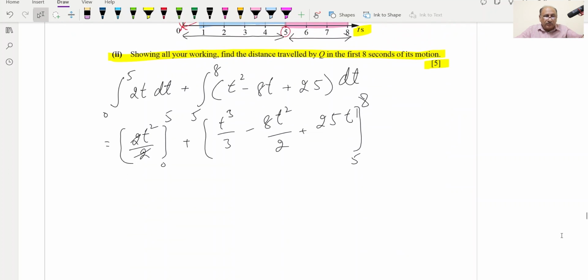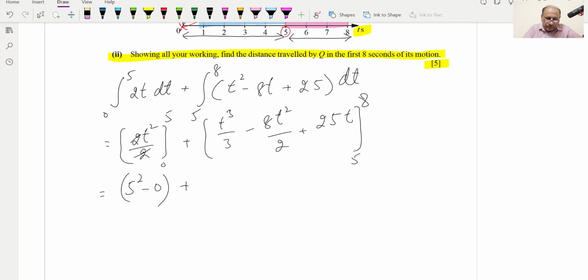Next step, we can replace the upper value first, so it will be 5 squared, which is 25. I will write it properly: 5 squared minus 0 squared, so that you can understand, and plus the upper limit.